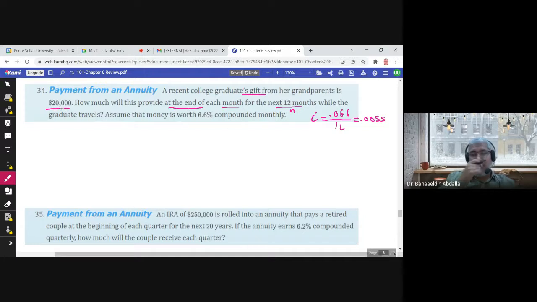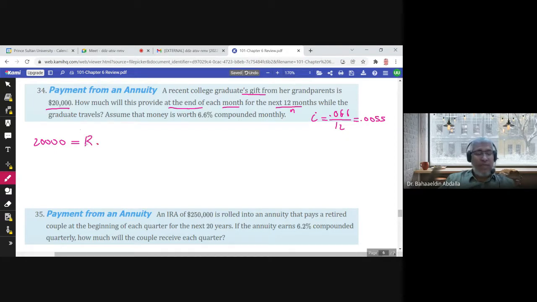That's the present value of an annuity. And she needs some payments, an annuity. So what we need to find are the payments.